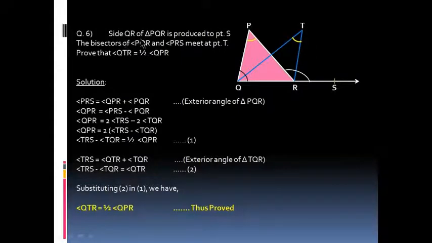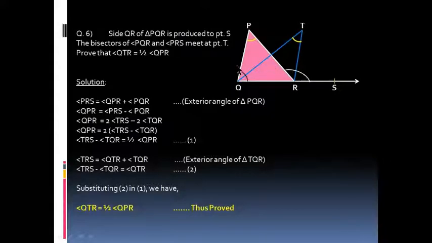Now side QR of triangle PQR is produced to point S. This is the triangle PQR. The bisectors of angle PQR, now this is the angle PQR, QT bisects this angle, and angle PRS, so this is angle PRS and RT bisects this angle.